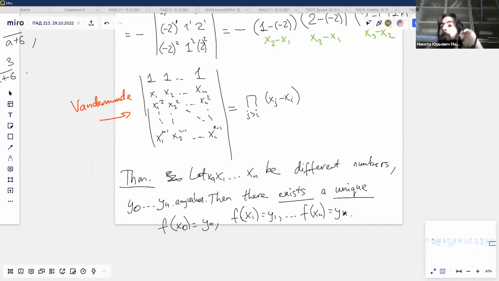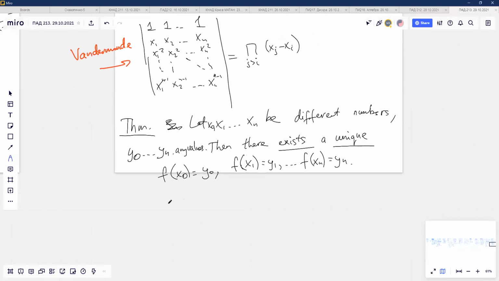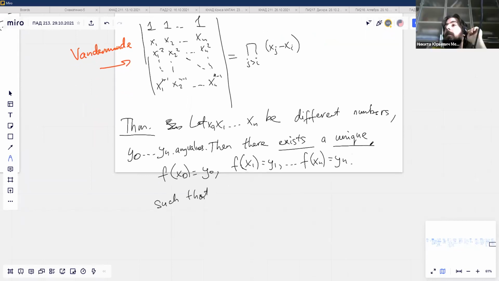Simply, if we consider some function such that f of x0 is y0, f of x1 is y1, etc., then there is a unique such polynomial with degree n or less.